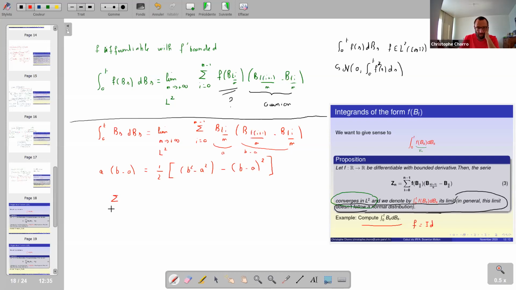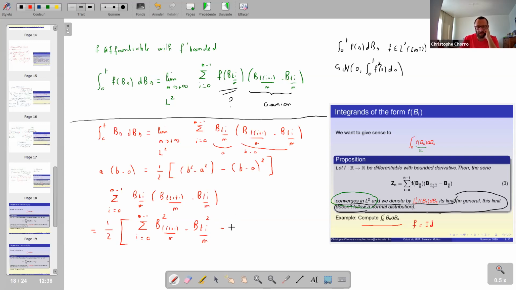So what I am interested in here can be written this way. The sum I am interested in, that is the sum from i equal to 0 to n minus 1 of b(ti/n) times (b(t(i+1)/n) minus b(ti/n)), I can write as 1/2, the 1/2 coming from this expression here. Then I have the sum of the difference of the squares, so it is the sum from i equal to 0 to n minus 1 of b(t(i+1)/n) square minus b(ti/n) square.